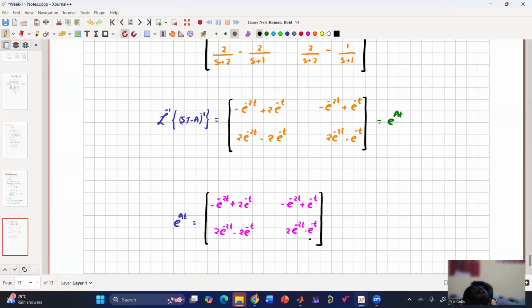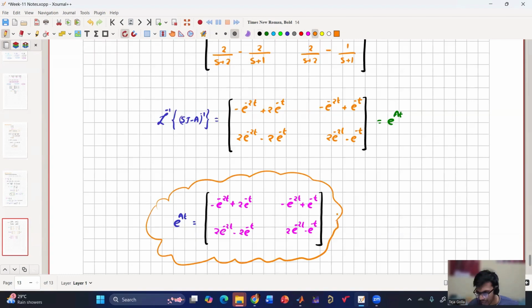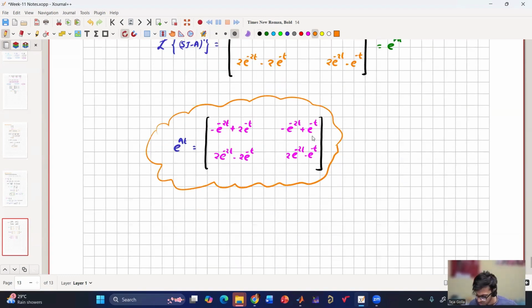So this is what we'll be getting. The matrix exponential, and always cross check.